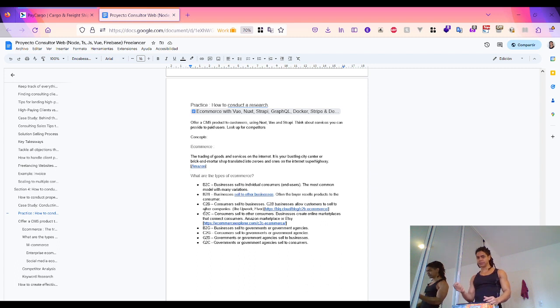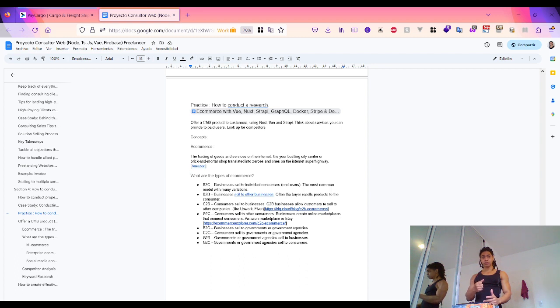For business to business, where things start to get interesting, you have digital marketplaces like Amazon Business, Alibaba, eBay Business. EDI, the electronic data interchange: paperwork that was traditionally made on paper, like invoices or purchase orders, is now done electronically, so companies can exchange it in a secure way through this EDI system. IBM provides that.